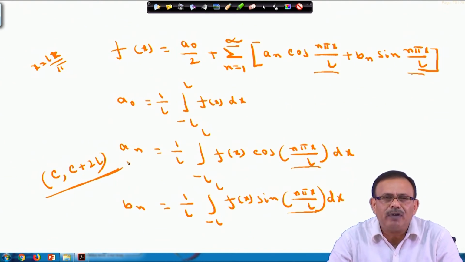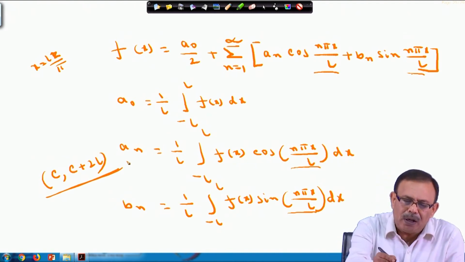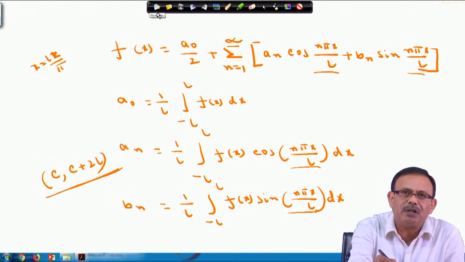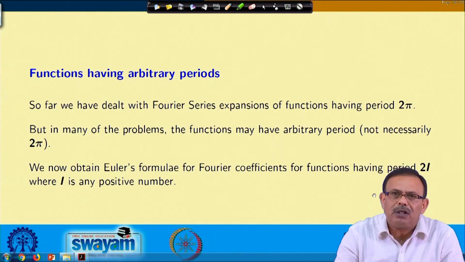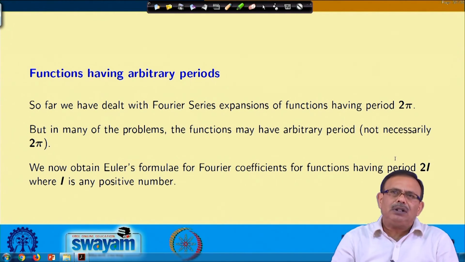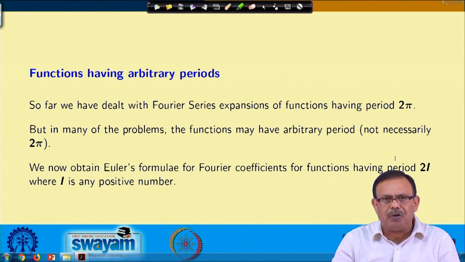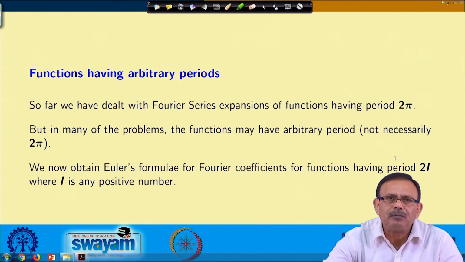So whenever C equals minus L, it will be from minus L to L. I can make it 0 to 2L by making C equals 0. I hope it is clear. If a function is defined in a generalized or arbitrary period with period 2L, in that case we can define it this way.